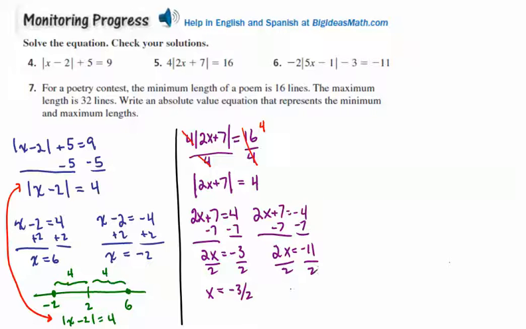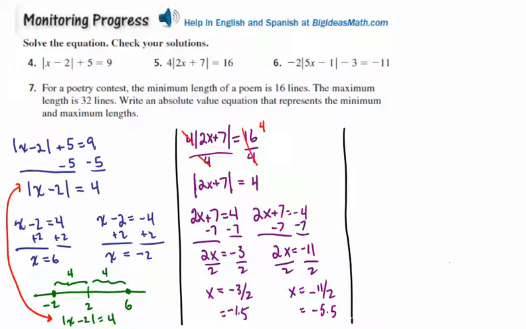Dividing by 2, x is equal to negative 11/2, and so this would be either negative 1.5 and negative 5.5, and those would be sufficient as our answers for the second equation.